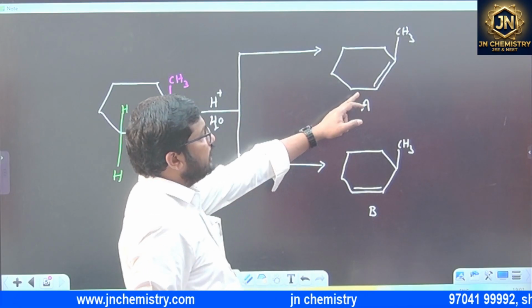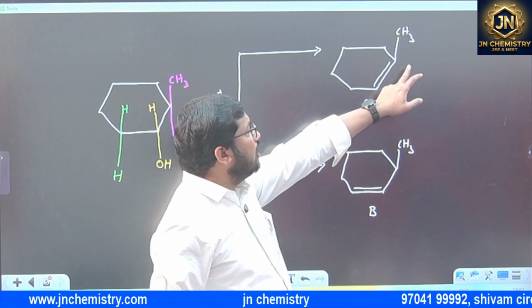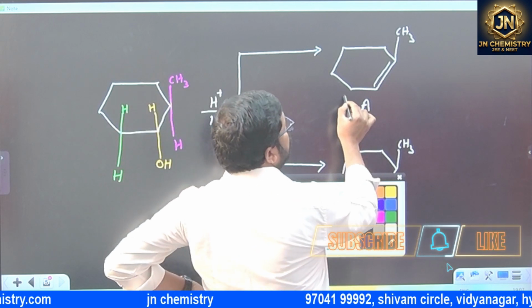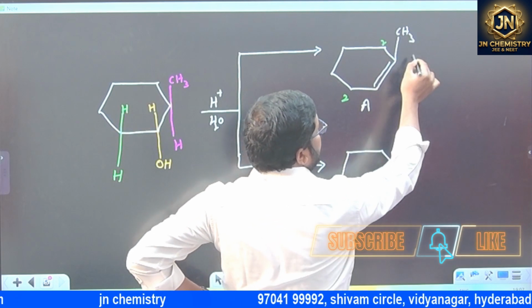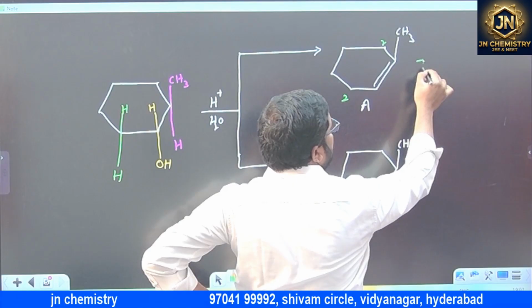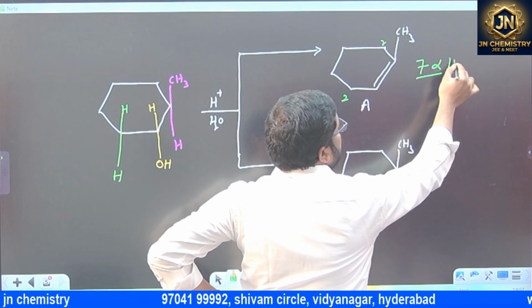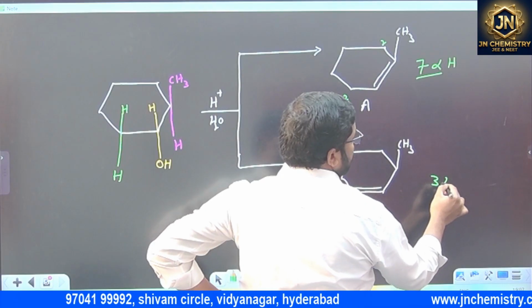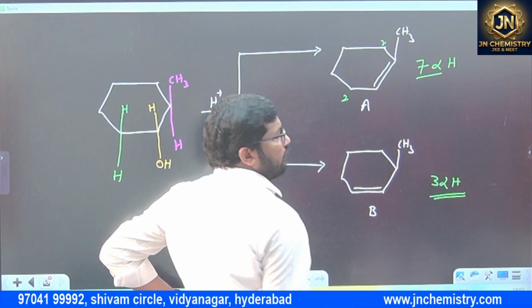This is exactly the more substituted alkene, right? How many alpha hydrogens are here? Here 2 and that is 3, total 7 alpha hydrogens. Whereas in this case, 1, 2, 3 alpha hydrogens.